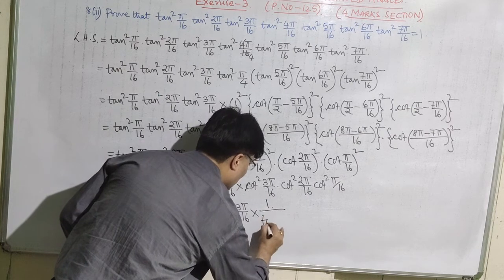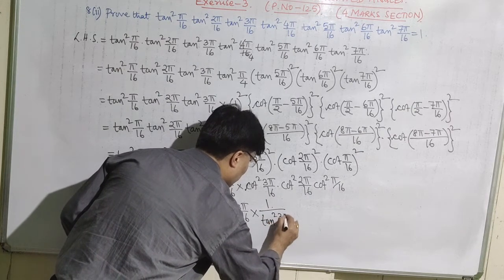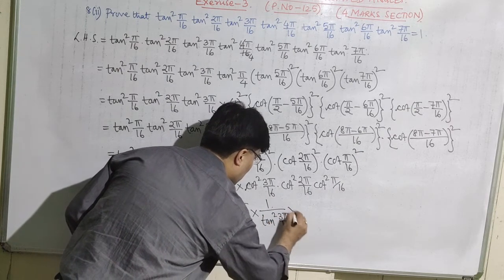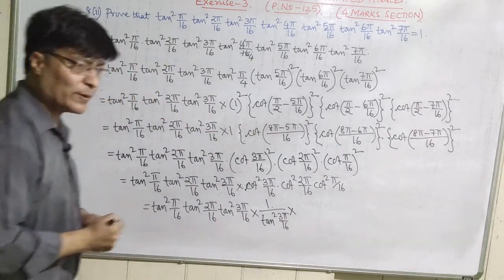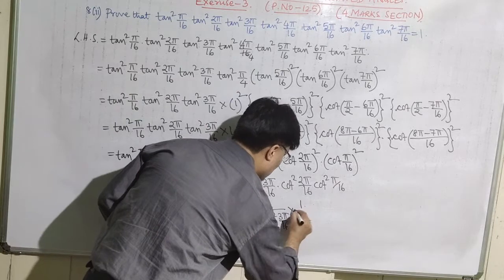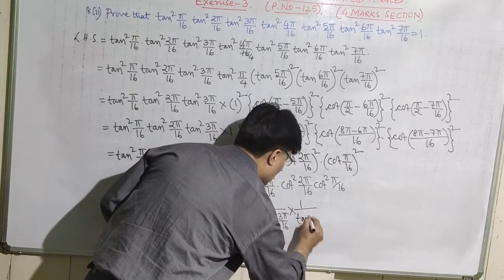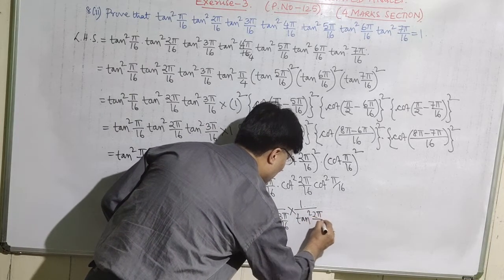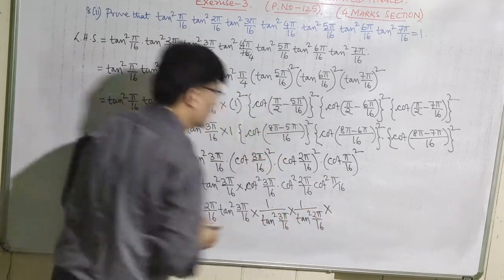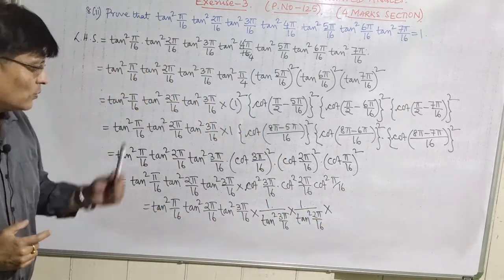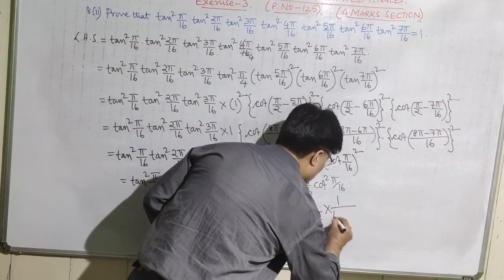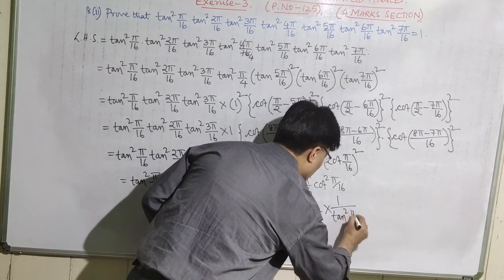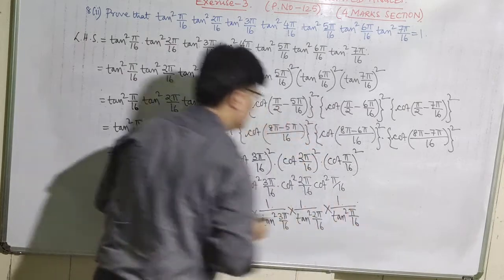You can write here 1 upon tan square 3 pi by 16 into, now what is cot square 2 pi by 16? 1 upon tan square 2 pi by 16 into, again, what is cot square pi by 16? It is 1 upon tan square pi by 16.